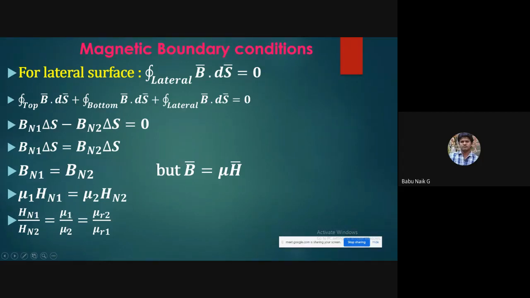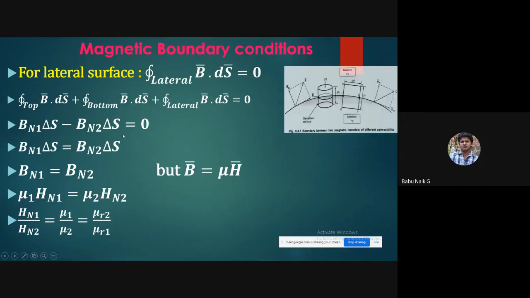So mu naught is constant for both medium 1 and medium 2 and gets cancelled, leaving the relative permeability in medium 2 and medium 1, mu r2 by mu r1. That is normal. So on the boundary, the normal magnetic flux density is the same, and the field intensity relates as above.